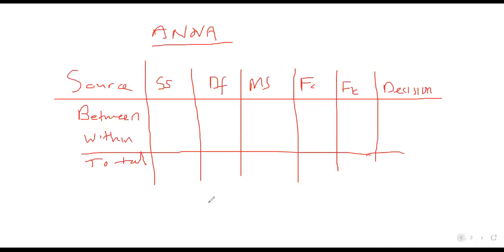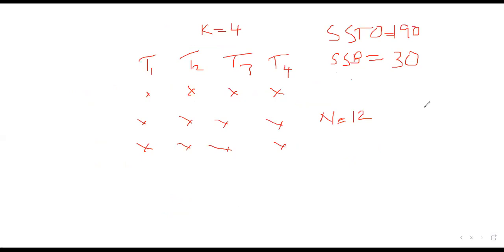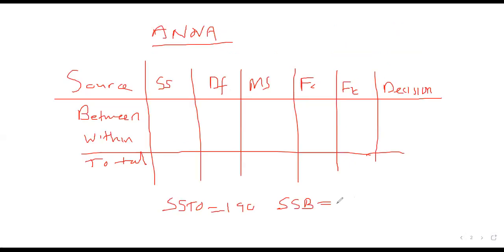The sum of square total we've been given is 190. The sum of square between we've been given is 30. Our K is 4, and our N is 12.